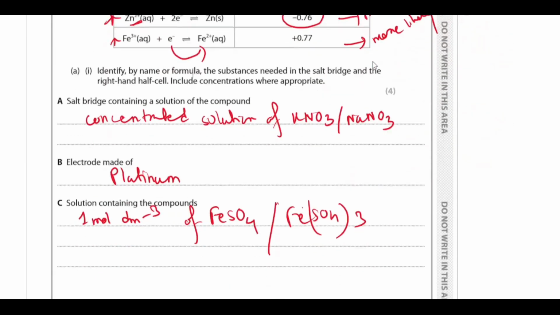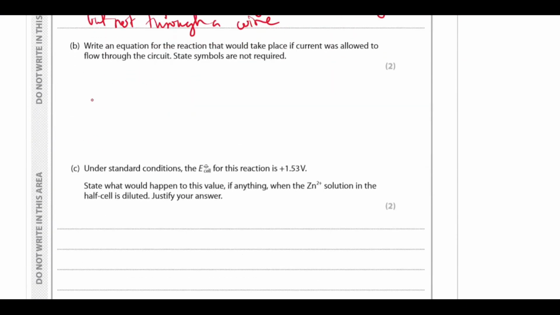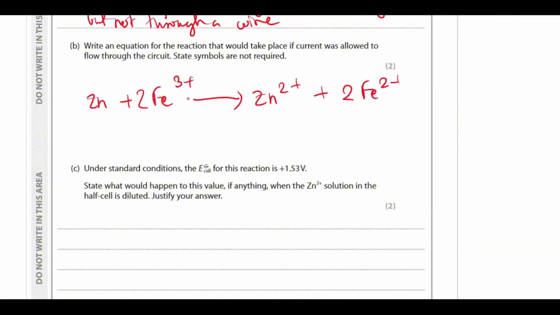So we can write the reaction as Zn plus 2Fe3 plus gives Zn2 plus and 2Fe2 plus. So that will be the equation of the reaction.